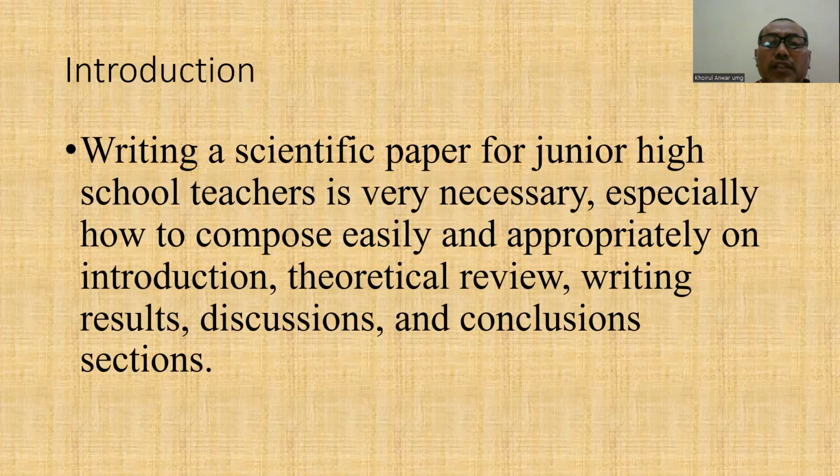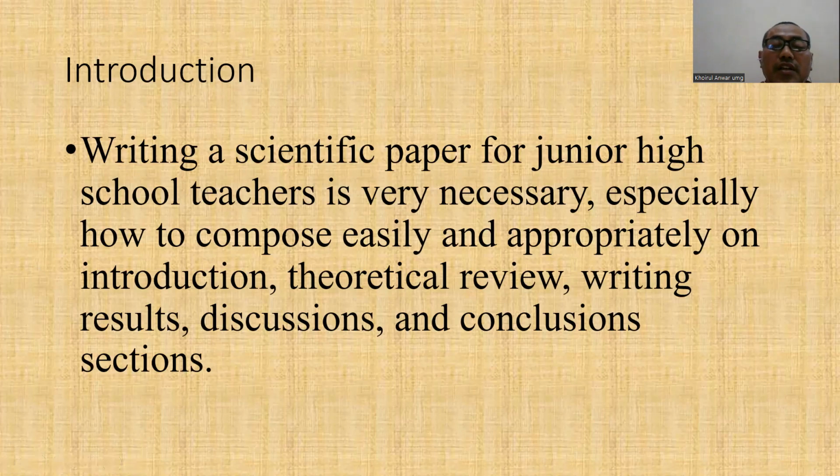Writing a scientific paper for high school is important because teachers need to have a report of their research results and also the activities in the classroom. It is necessary to know how to compose research easily and appropriately, especially in 3 or 4 areas. This is the introduction section, how to introduce the article and some materials.